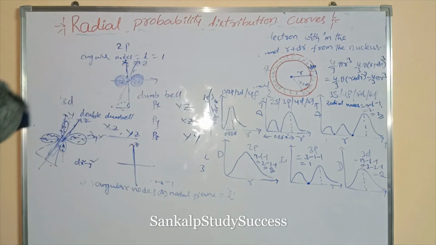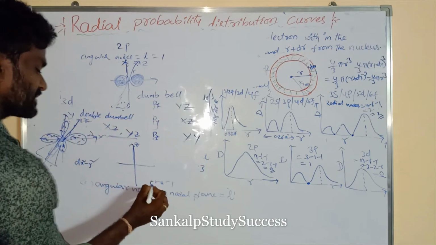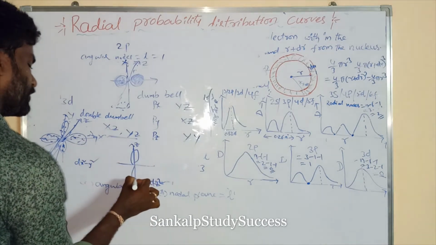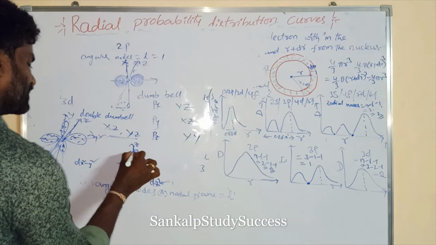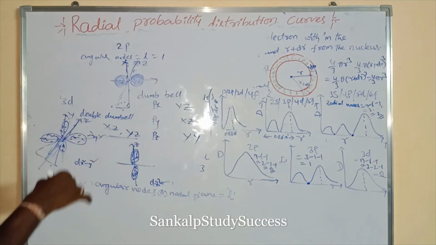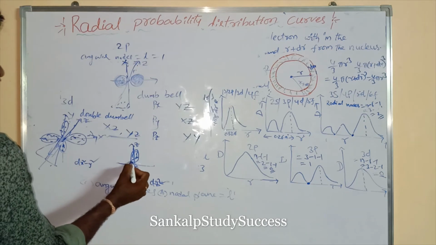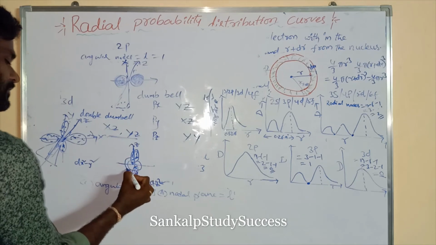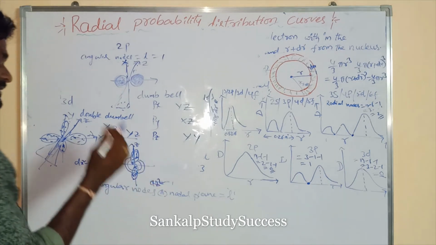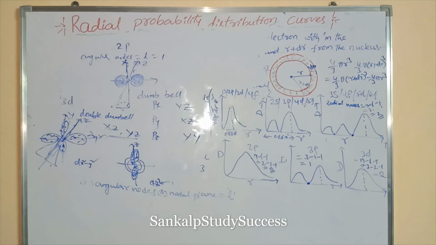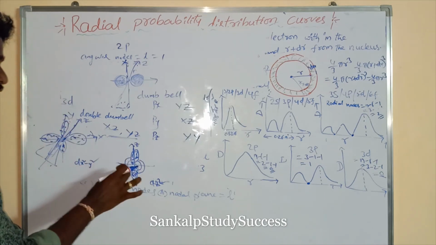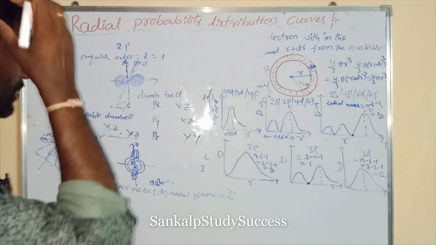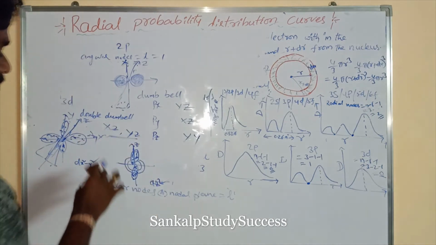In dz square, 2 lobes show the probability of finding electron, and another 2 lobes are converted to a ring. So this is the ring. These 2 lobes are present on the z axis. So totally in the dz square orbital, 2 lobes are present, another 2 lobes are converted to a ring.